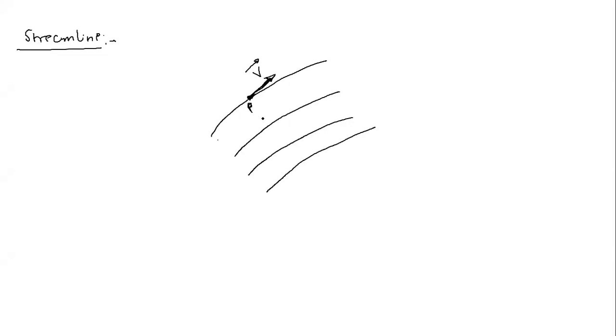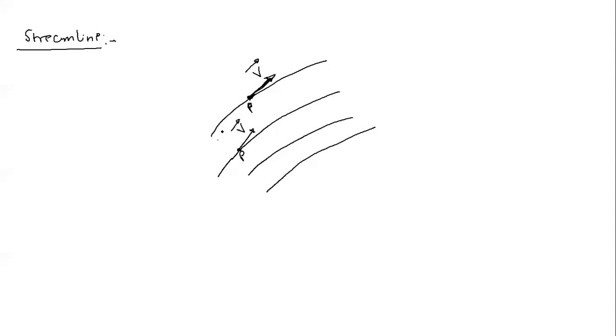So again, if I take a point here and draw a tangent to this line at this point, this vector at point P should represent the velocity vector.